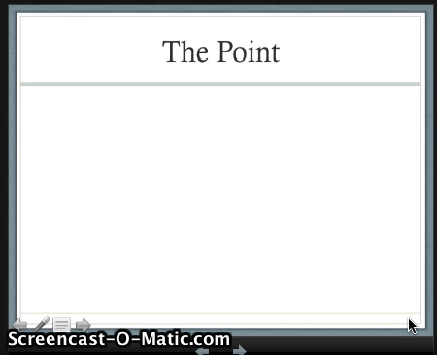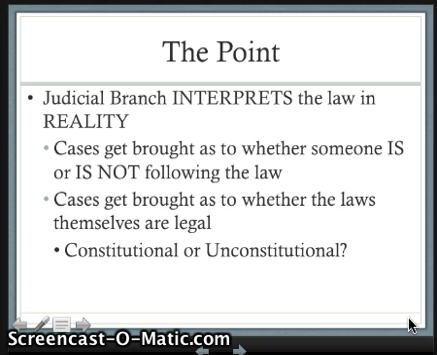Here's the point in the end of the Supreme Court and the judicial branch. They interpret the law in reality. Cases get brought to them as to whether someone is or is not following the law or the Constitution. They can also decide whether or not the laws themselves are legal. Are they constitutional or unconstitutional? And the judges and justices decide.